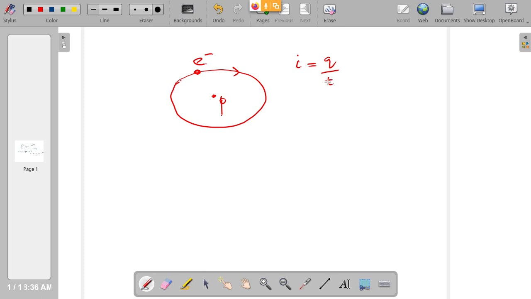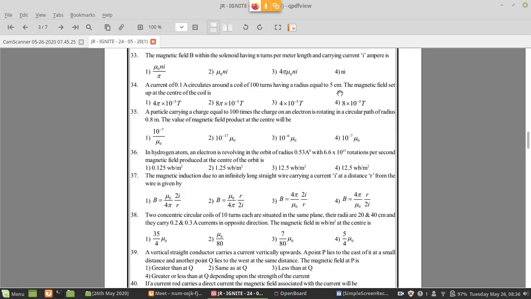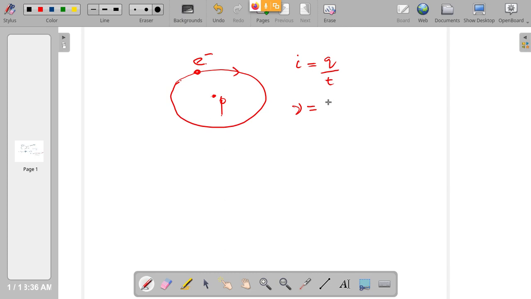But here T is not directly given, because the time to make one circle is not given, but the frequency is given. The number of times it is going around is given in the question as 6.6 into 10 power 15 rotations per second. That is hertz.